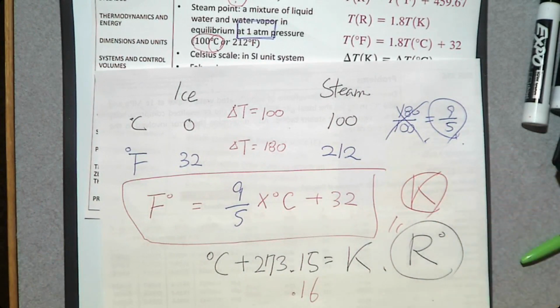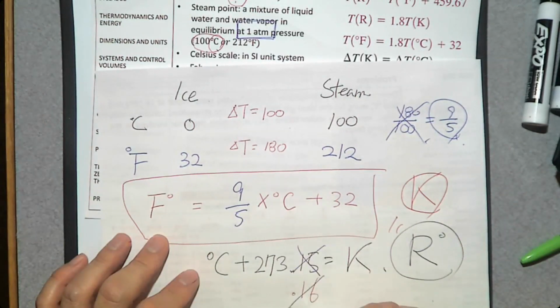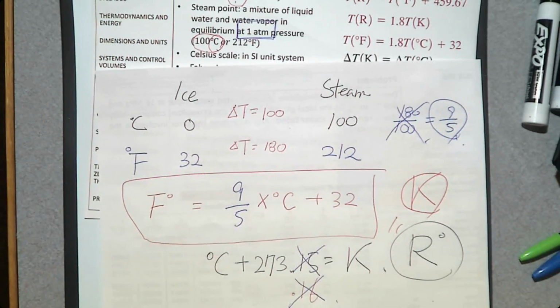For us, we can just neglect these small numbers. So if you add 273, that should be enough. Practically correct, okay? Because those small differences cannot affect the result. So if you add 273, it becomes Kelvin.